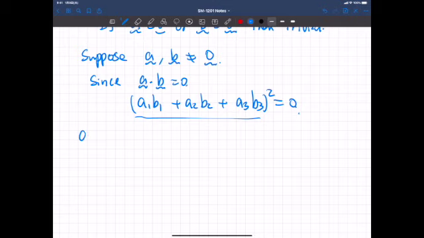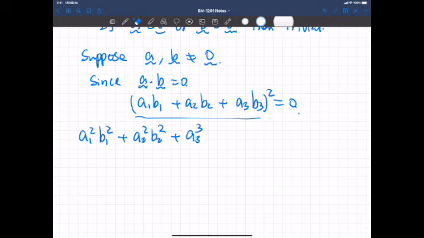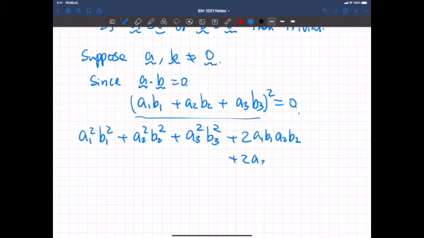We have a1 squared b1 squared plus a2 squared b2 squared plus a3 squared b3 squared plus 2 a1 b1 a2 b2 plus 2 a2 b2 a3 b3 plus 2 a1 b1 a3 b3 equal to 0.